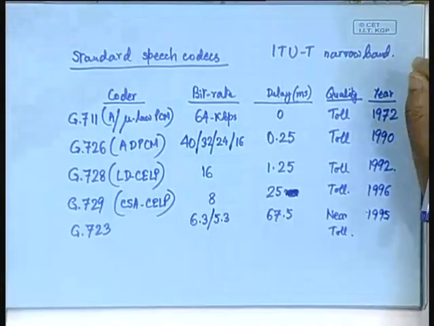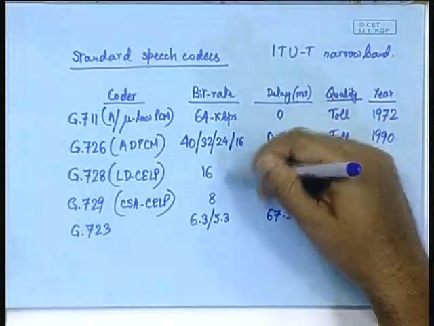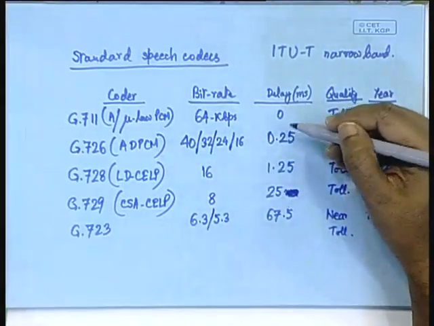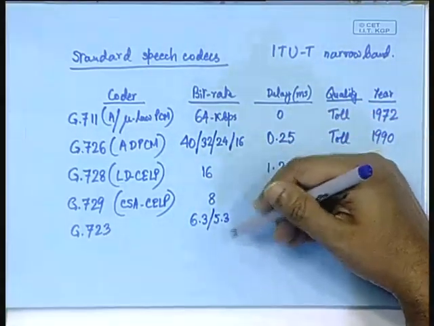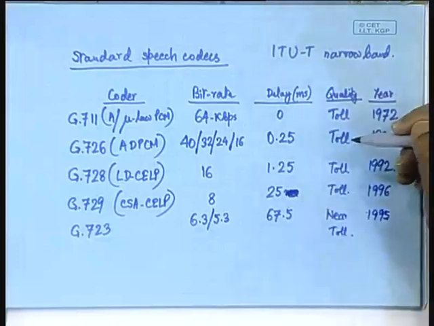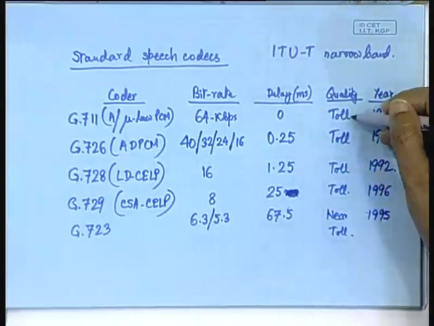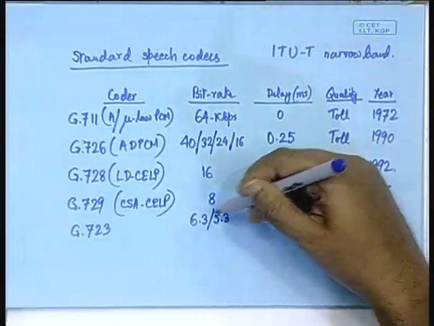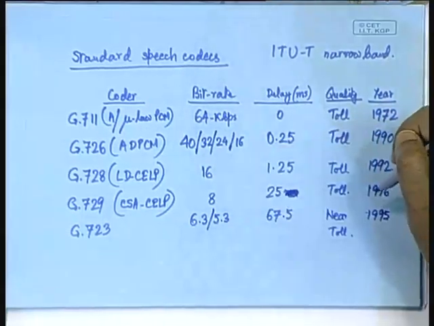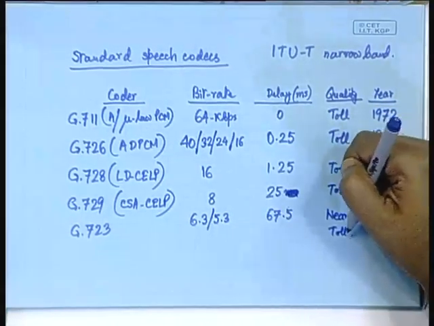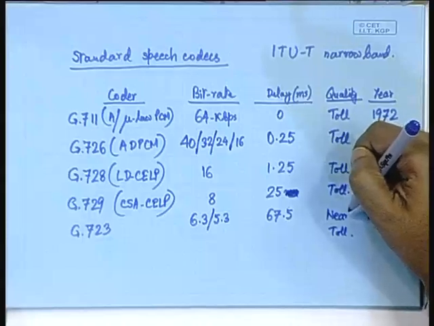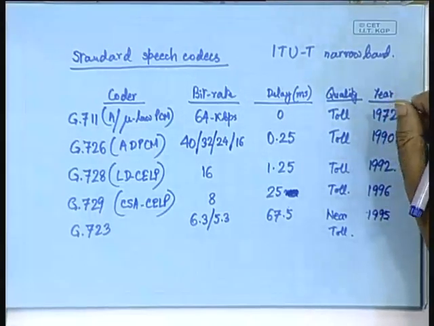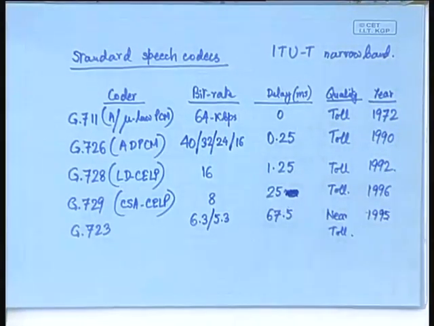So, you can see that as we are going in for more efficient bit rate coders, the delay increases. And although till here we are able to maintain the toll quality, anything below 8 kilobits per second, you are no longer able to give the toll quality, but you have to give a near toll quality.